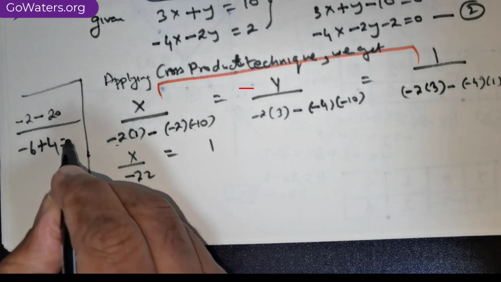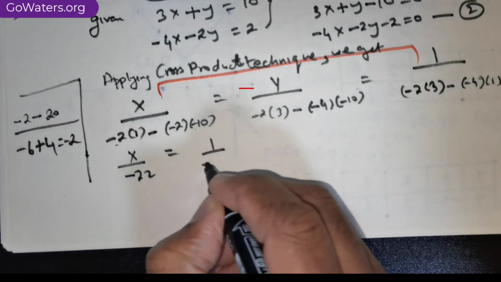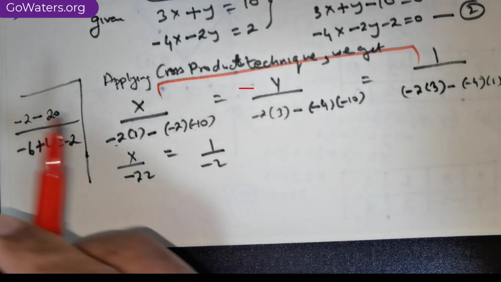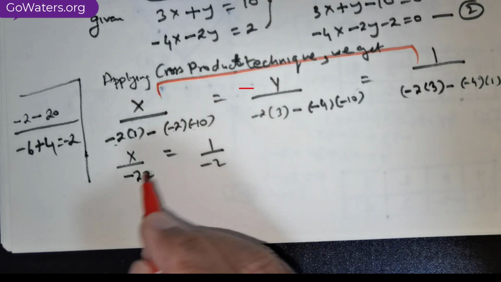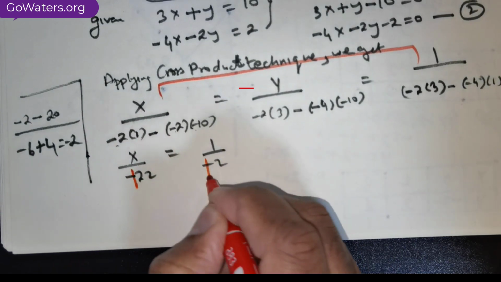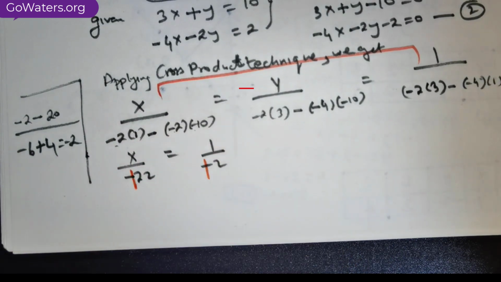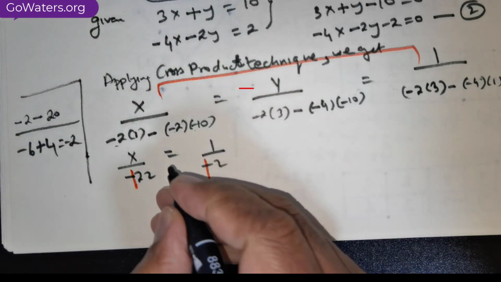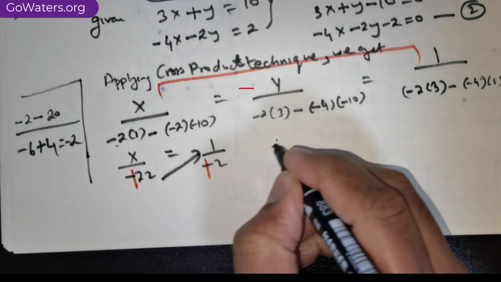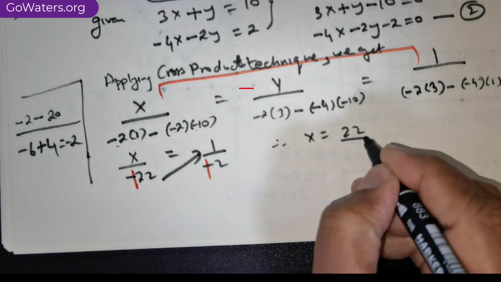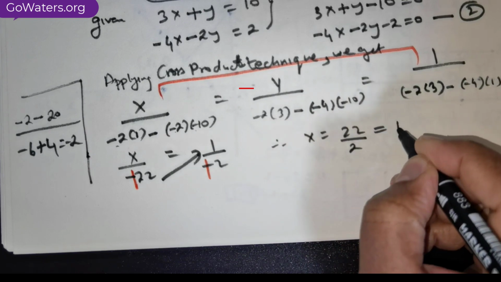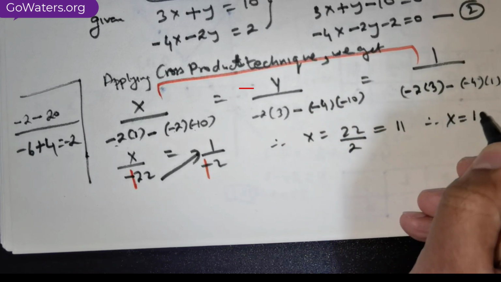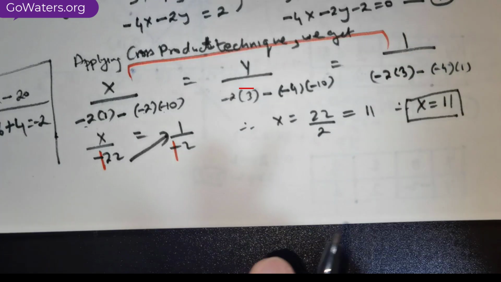So you have a negative 2 here, right? Since I'm equating this with this, the two negatives would be dropped, and you have a positive sign here, so moving this to the other side, x is equal to 22 over 2, which means x is equal to 11.